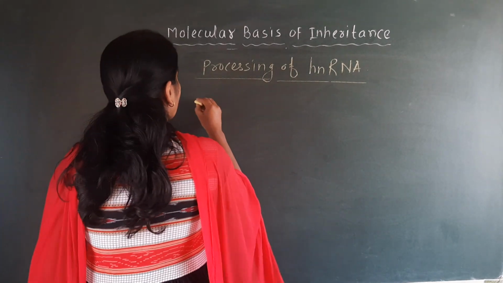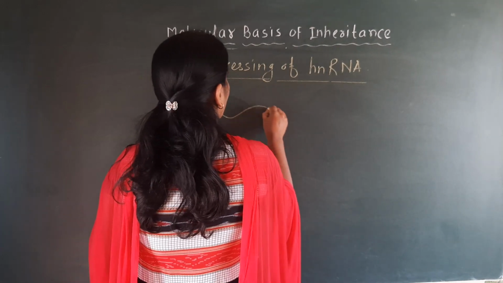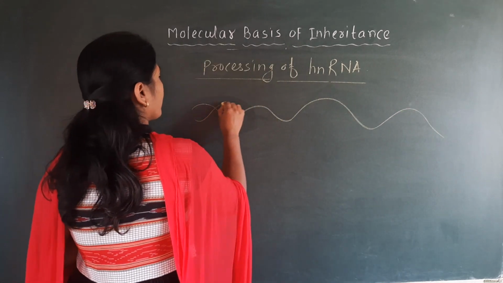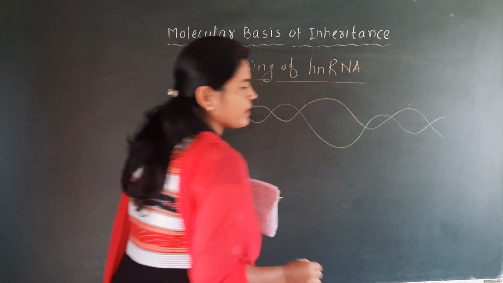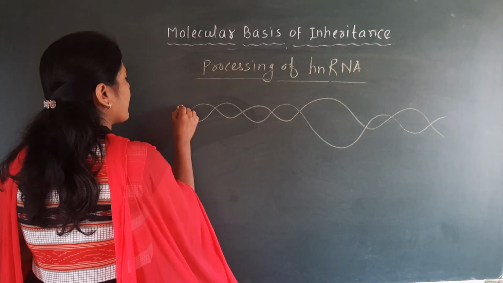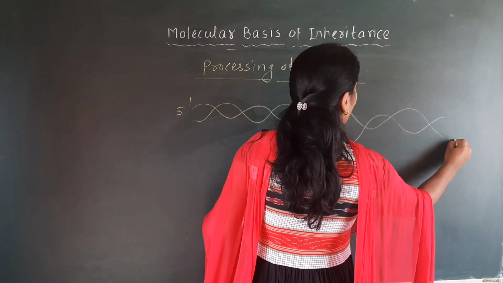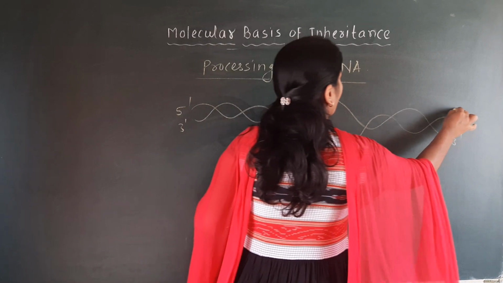In the last lecture we have seen that this is our double-stranded DNA. One strand runs 5' to 3', and the other strand runs 3' to 5'.